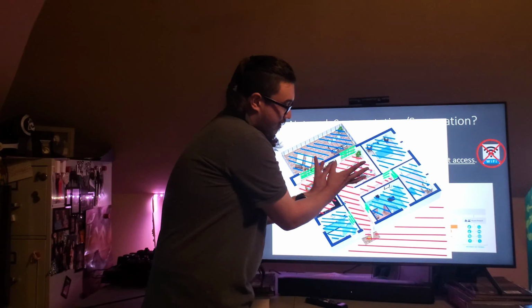If you wanted to take this further and segment the network further, let me go back to the previous image. One thing you could do would be, so these are finance servers, so maybe these are set up in blocks, right? Maybe each block of a finance server has its own firewall. Maybe each HR server block has its own firewall.